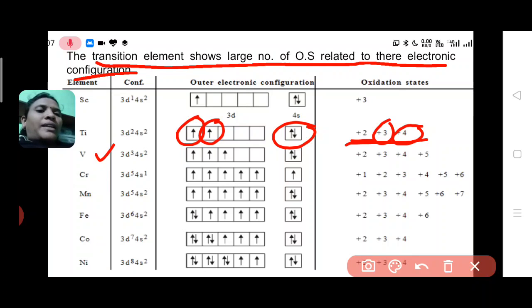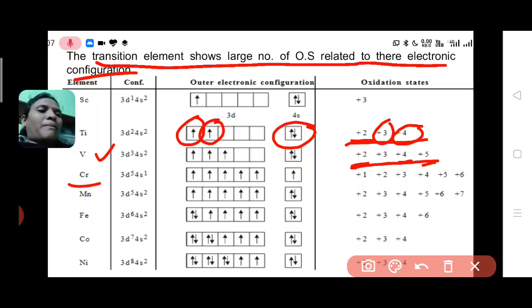Same way for vanadium. Vanadium can lose 2 electrons, 3 electrons, 4 electrons and also 5 electrons. So vanadium can acquire +2, +3, +4, +5. Vanadium and titanium show variable oxidation state.